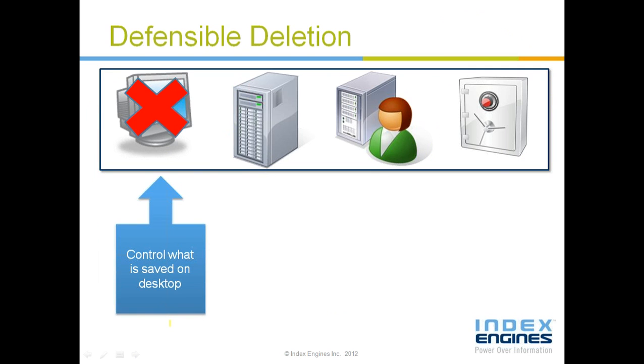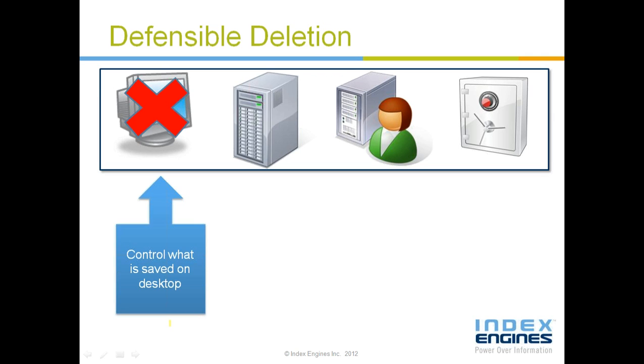So if you look at those four areas, our recommendation is to control what's on the desktop. Users have the power to store data, and your typical desktops today can store over a terabyte of files. A terabyte of Word documents is a ridiculous volume of data. And they can also store PSTs, which are mini archives of email, which are difficult to manage.